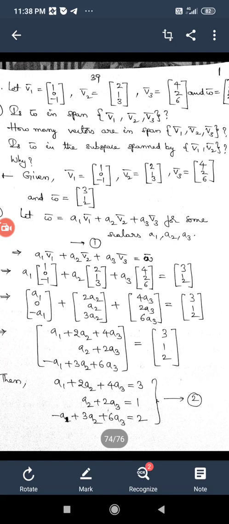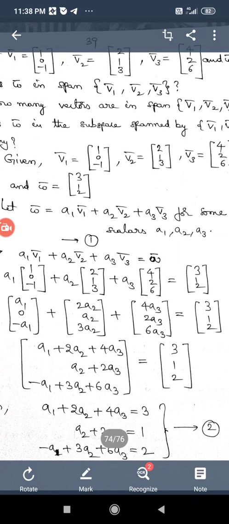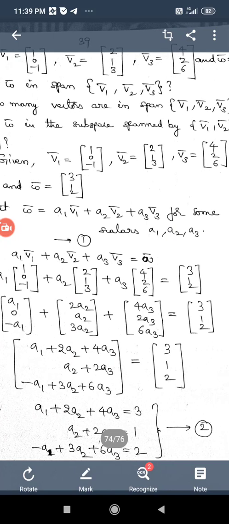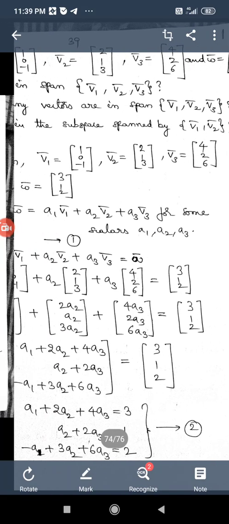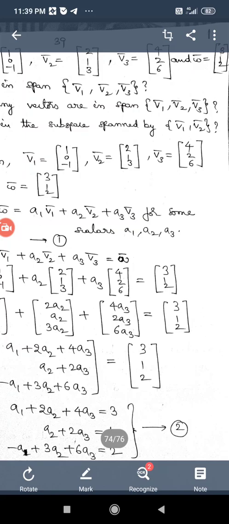At this point we are left with 2 vectors of the same order on either side of the equal sign. Since these two are equal, the corresponding elements should be equal, by the definition of equality of matrices. So we get 3 equations like this, and all these 3 equations represent a linear system in the variables a1, a2, a3.